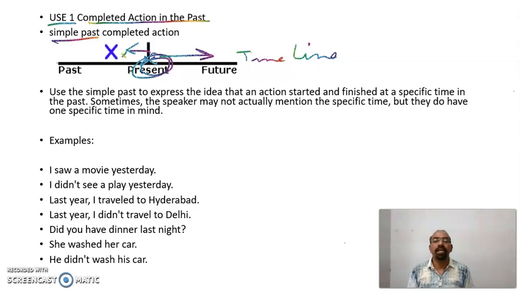So if anything happened before the present, such actions can be expressed through the simple past tense. Look at the explanation. Use the simple past to express the idea that an action started and finished at a specific time in the past.